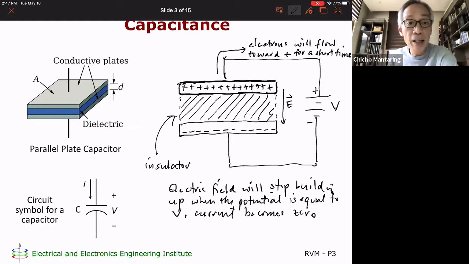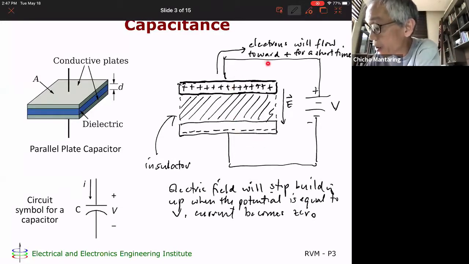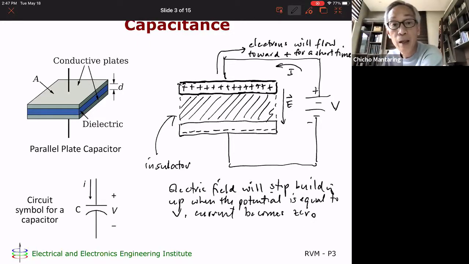Okay, so again, to summarize, when you first connect the battery, you're going to get electrons that will flow in this direction momentarily. That corresponds to a current flowing in this direction, I. And as that current flows, an electric field builds up here. Nagkakaroon ng difference in potential between this plate and this plate.